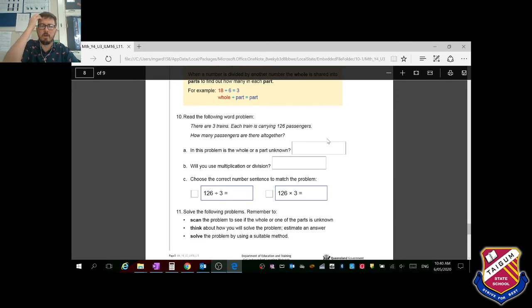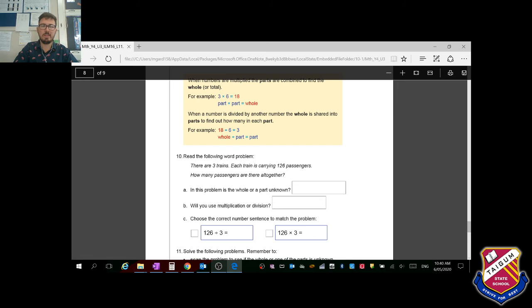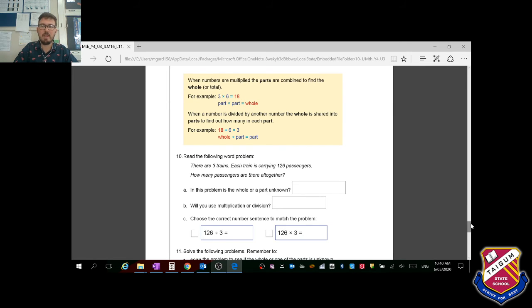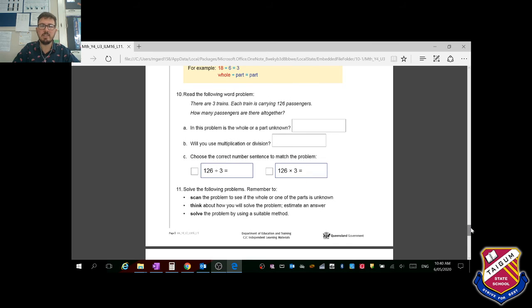Here are some word problems. There are 3 trains. Each train is carrying 126 passengers. How many passengers are there altogether? So you're trying to find a whole, which means you are using multiplication. A says, in this problem, is the whole or part unknown? I already gave that away. The whole is unknown.